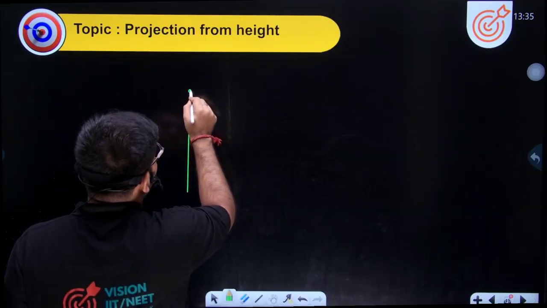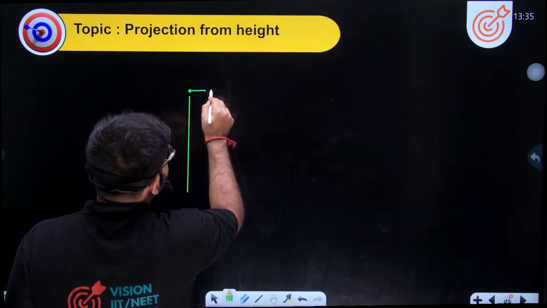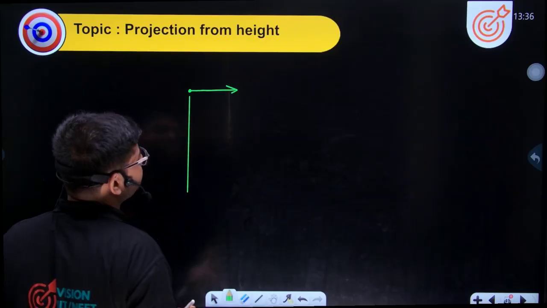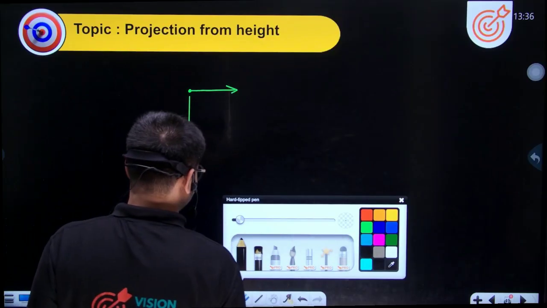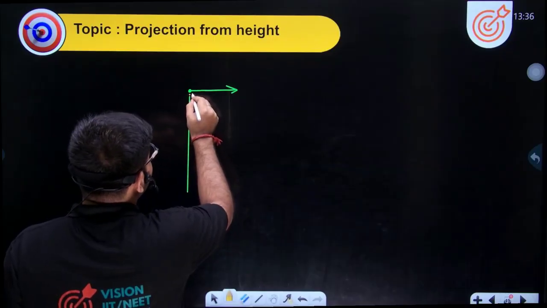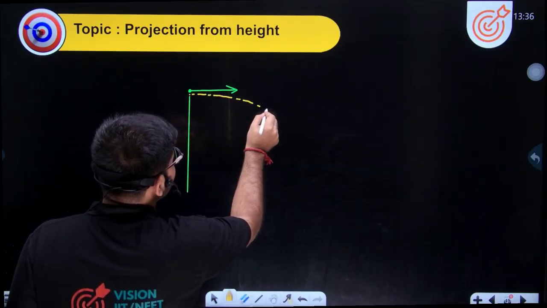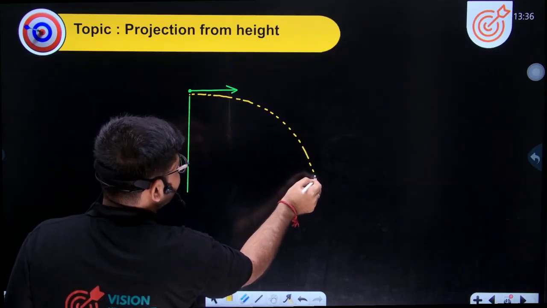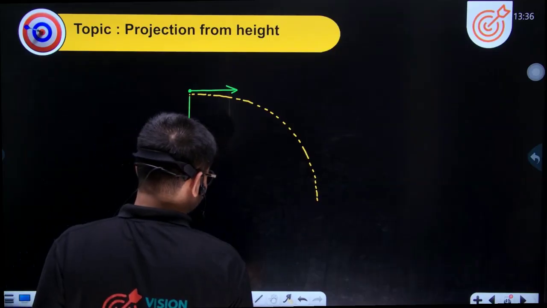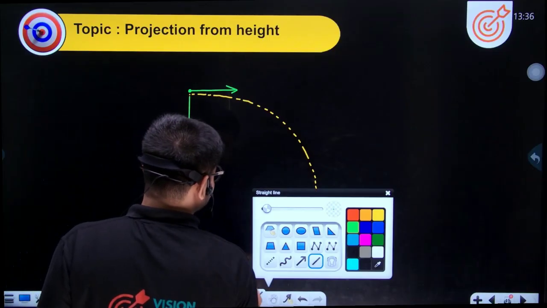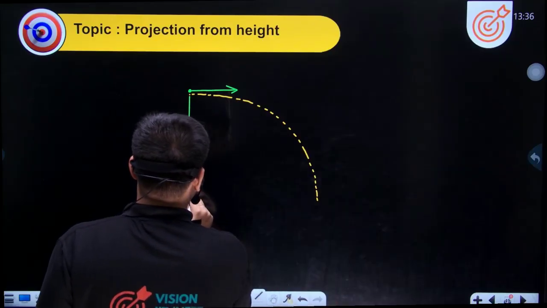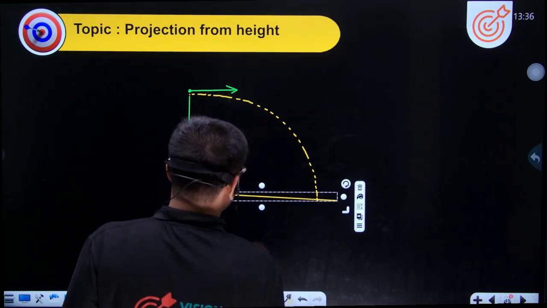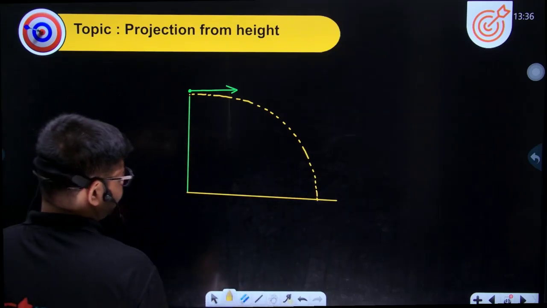So how is it going to move? It is going to move like this and ultimately it will strike the ground. We all know this. So this is called projectile from a height.